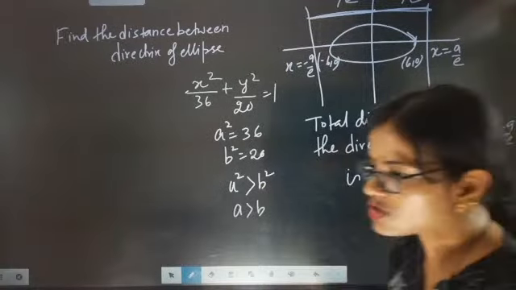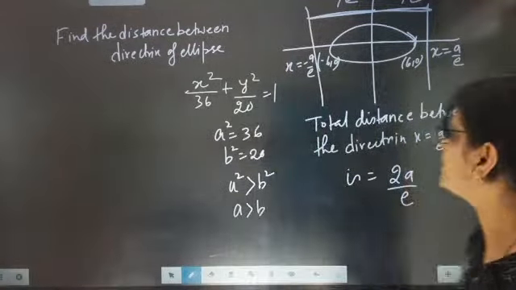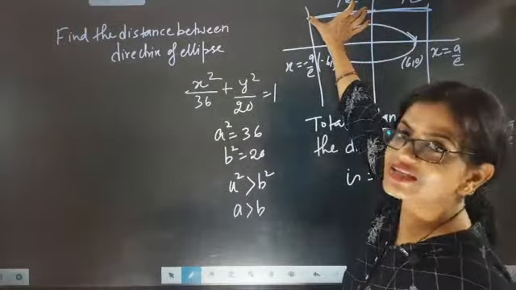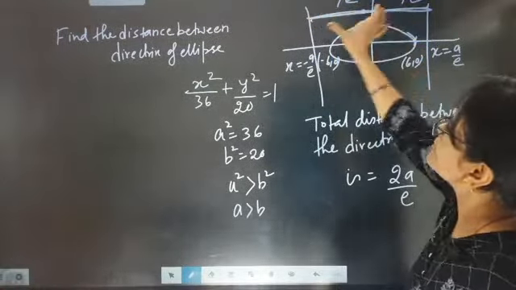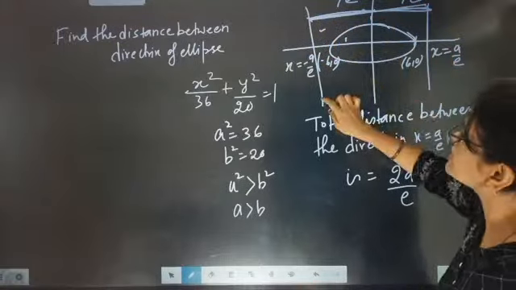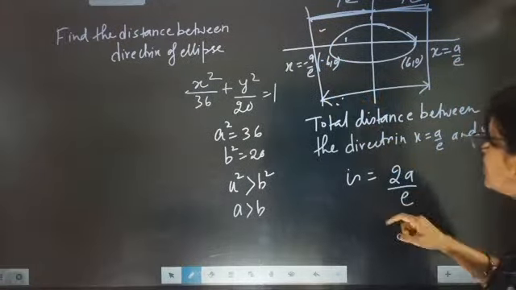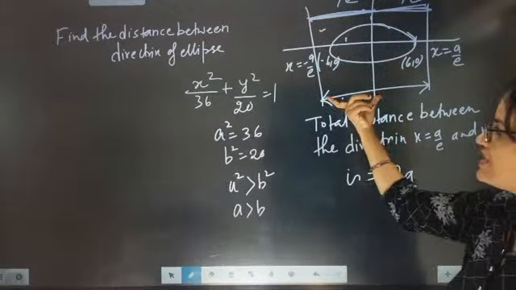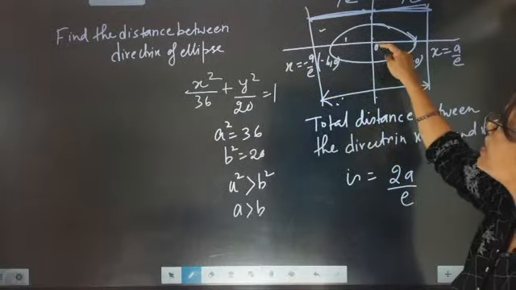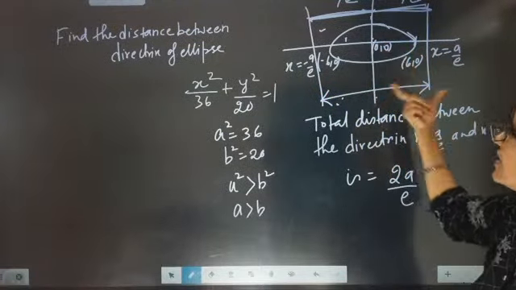Yes or no? Because half distance is a by e, and we have to get the total distance between these two directrix. So it will become 2a by e.